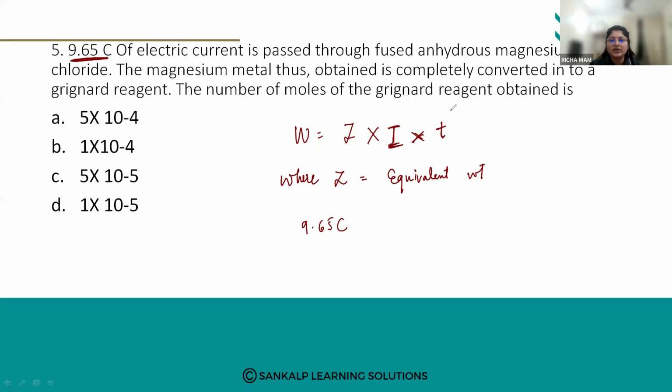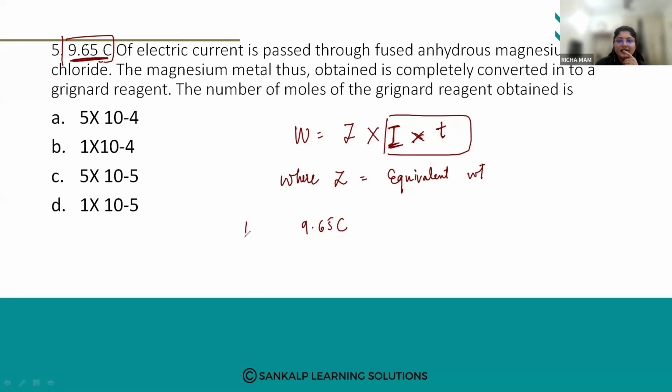So the weight W is equal to Z into I into T. I into T is how much electric current is passed, electric current into the time.